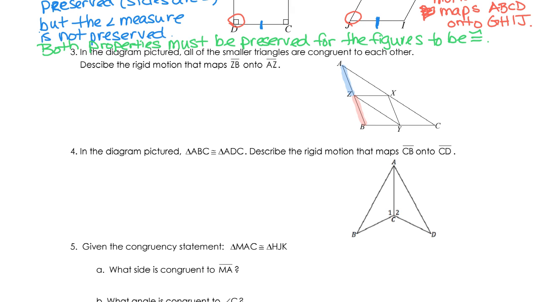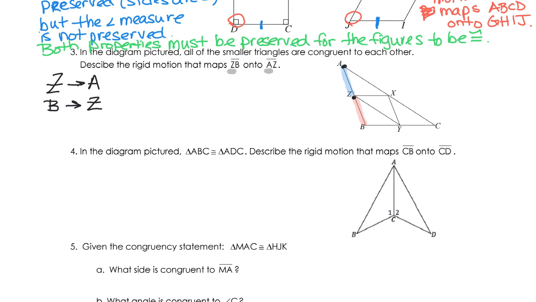And so we have to make sure that we're playing our letter game so that we don't get tricked. So again, guys, we have to make sure that we know that Z needs to go on to A, and that B, the second letter, needs to go on to Z. All right, so Z from the red one has to go on to A from the blue one, and there's only one way I can do it.